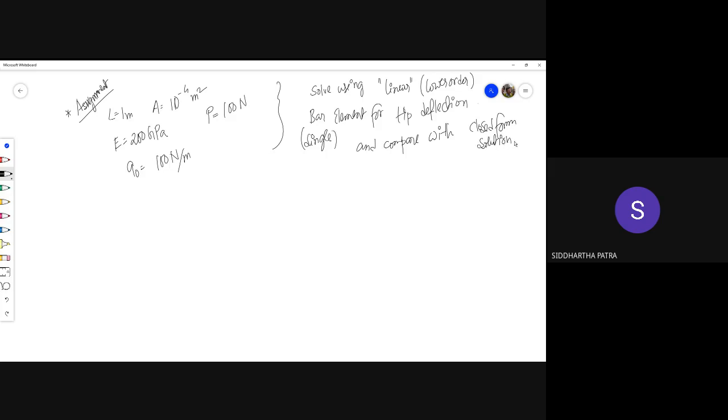Okay, now we would move to quadratic or higher order bar element.